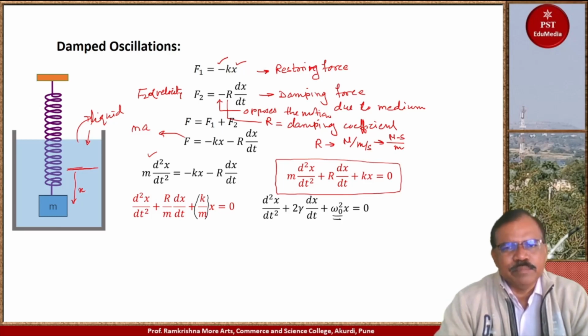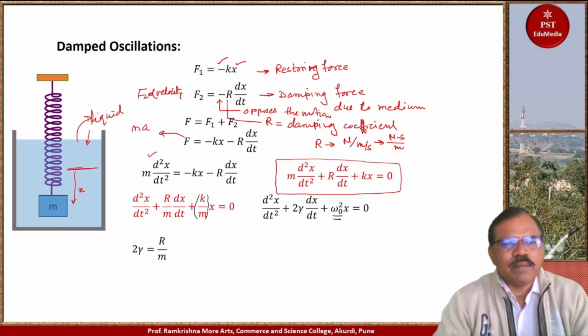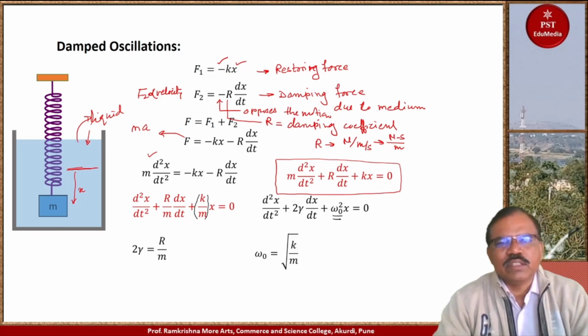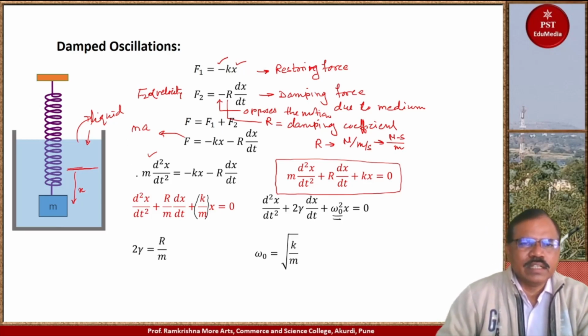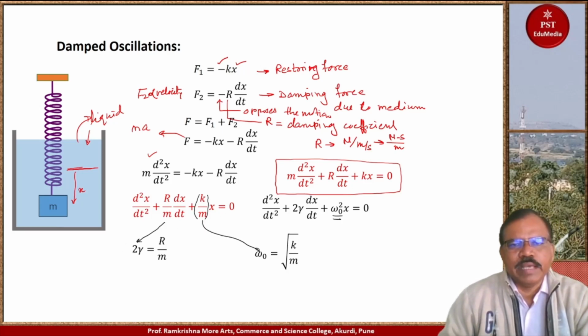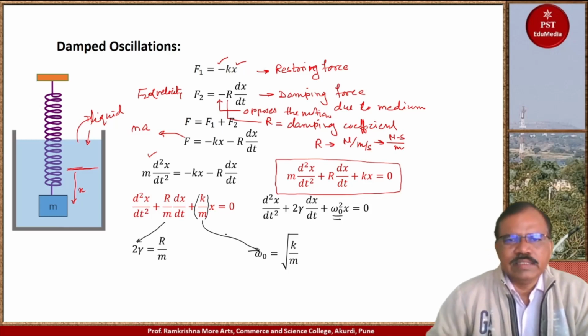So gamma is a measure of damping, while omega 0 is a measure of restoring. Here we have used 2 gamma for r upon m, and omega 0 square for k by m. So we get this differential equation.